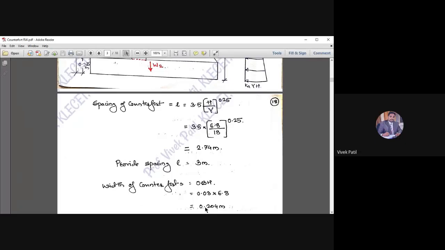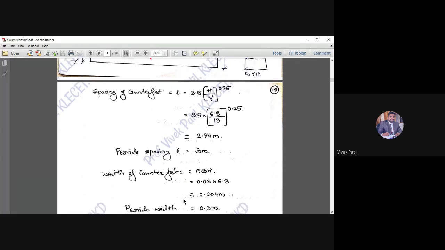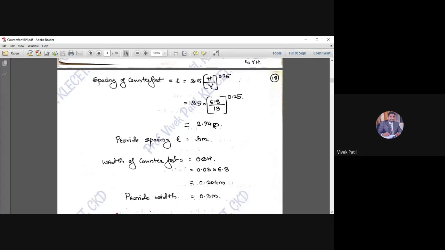In millimeters, it will be 204 millimeters. We will be providing the thickness of the counterfort as 0.3 meters. So this is the geometrical consideration related to the counterfort.